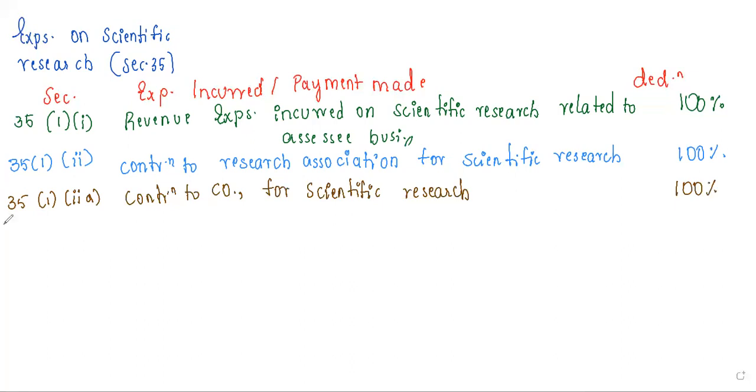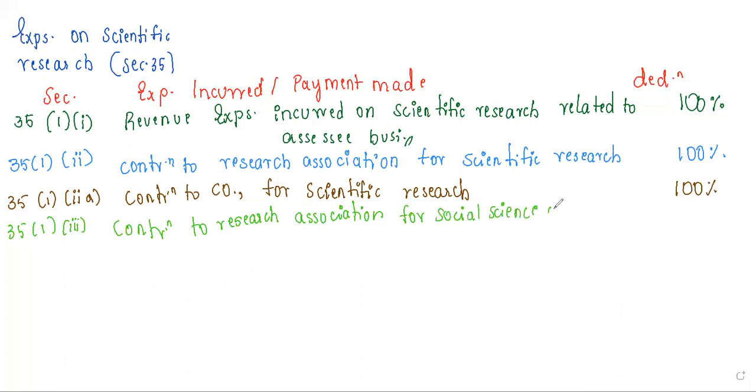And the next thing that we have over here is 35(1)(3). That tells about contribution to a research association for social science or statistical research.